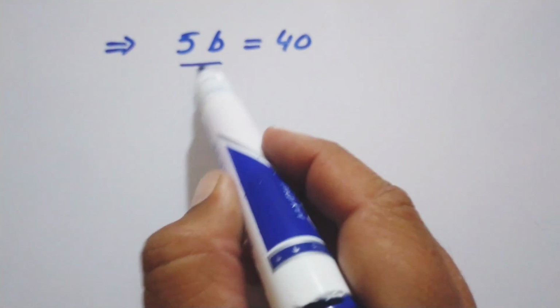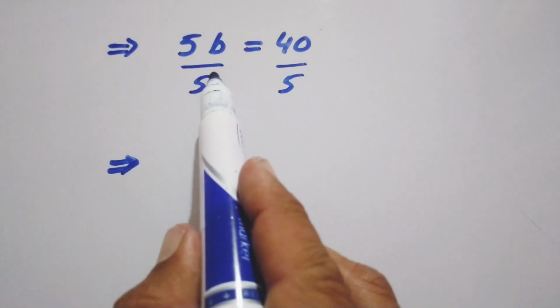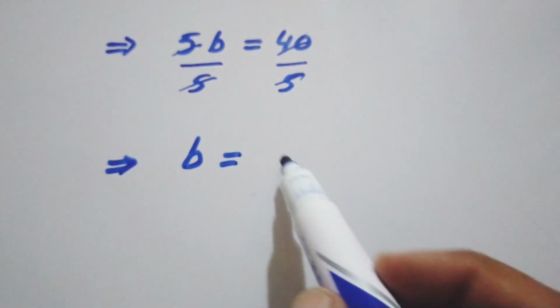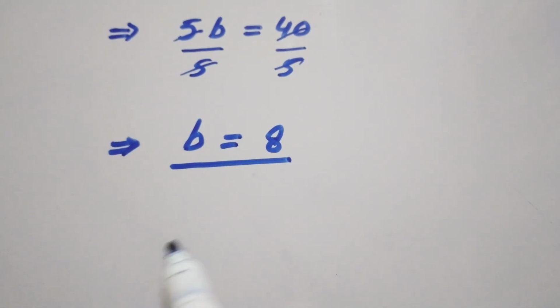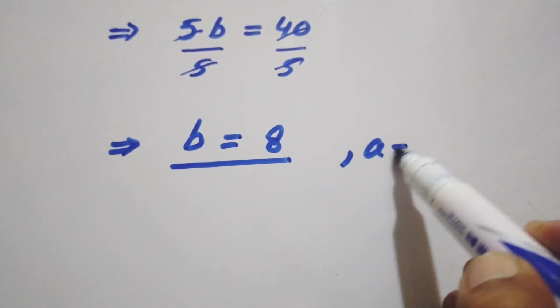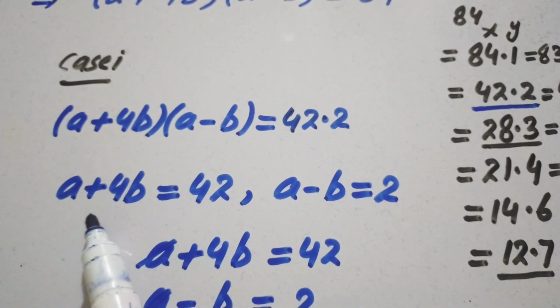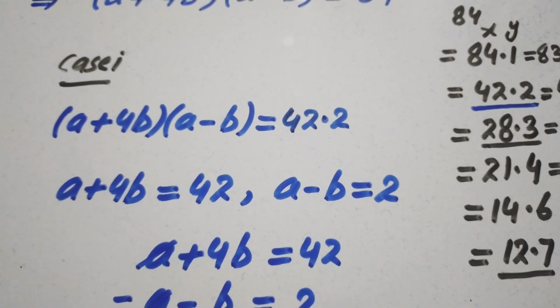Dividing both sides by 5, this 5 cancels with this 5. Here b is equal to 8, since 5 eights are 40. We get b is equal to 8. And what is the value of a? Take any one equation from these: a plus 4b is equal to 42 or a minus b is equal to 2.